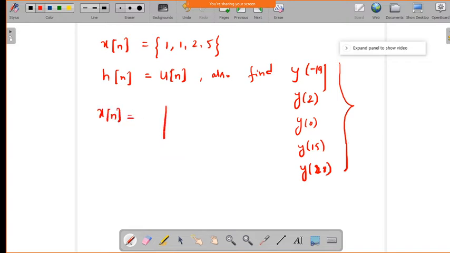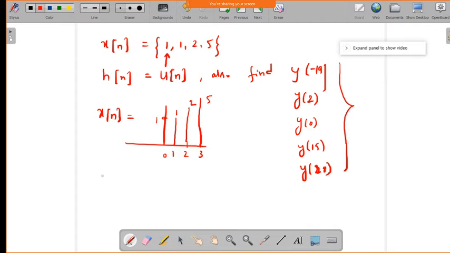X of n will have a 0, so that means you will have 1, 1, 2, and then 5, at 0, 1, 2, and 3. These are the amplitude values, 1, 1, 2, 5.